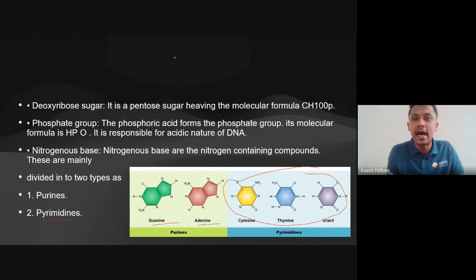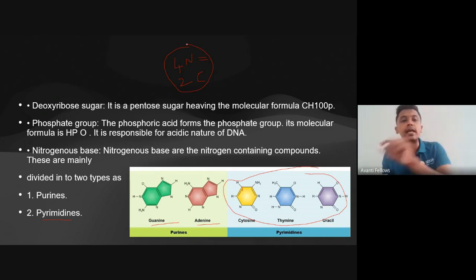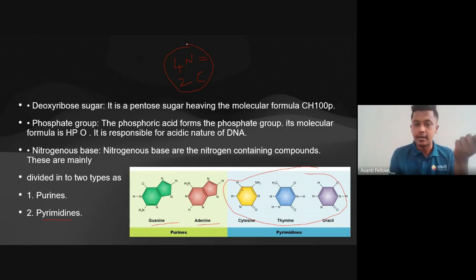Among the 6 atoms, there are 4 nitrogen and 2 carbon atoms in this ring. Forgive me for my handwriting, because the pen tab has a problem. Any ring which is composed of these atoms is called a pyrimidine ring. Understood? So that is why they are called pyrimidines. As simple as that.